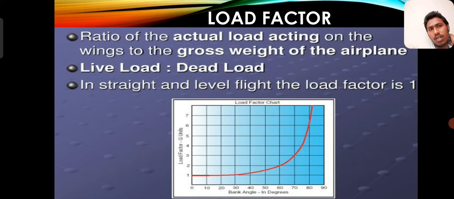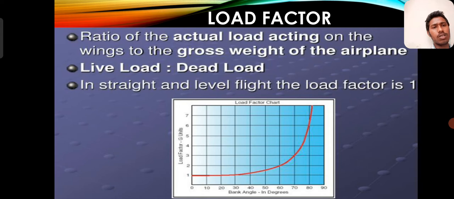Load factor is the ratio of the actual load acting on the aircraft to its gross weight. Live load is also known as dead load. In straight and level flight, the load factor is 1.